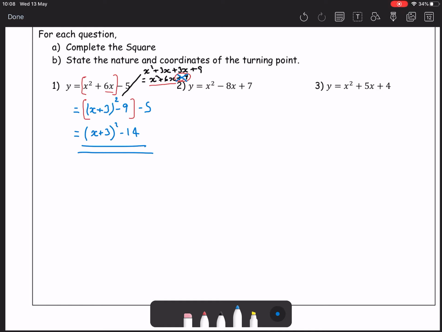Part B, state the nature and coordinates of the turning point. This is one of the main reasons why we complete the square, because this form is particularly useful. We have a positive x squared term when we multiply out. So we can say that this particular quadratic will have a minimum turning point if we solve the bracket. x plus 3 equals 0, x is equal to minus 3.